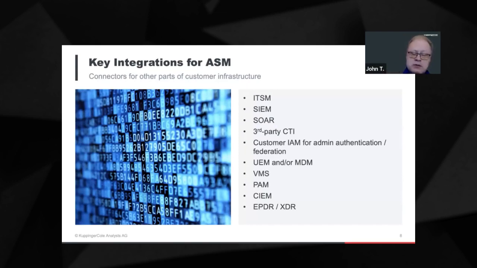So if you would like to be able to use that in your ASM, it would be good to know if you can get those things connected. Most ASM solutions either have some built-in cyber threat intelligence, or some of these vendors actually have their own dedicated threat research teams, so they get very specific threat intel. But if you're already using threat intelligence and you want that to be considered by your ASM, you should find out whether or not those integrations are possible.